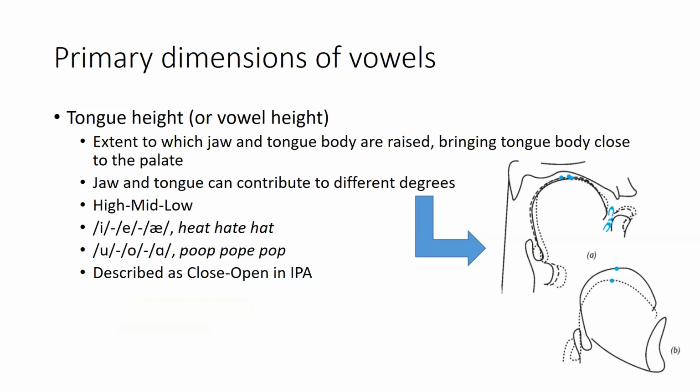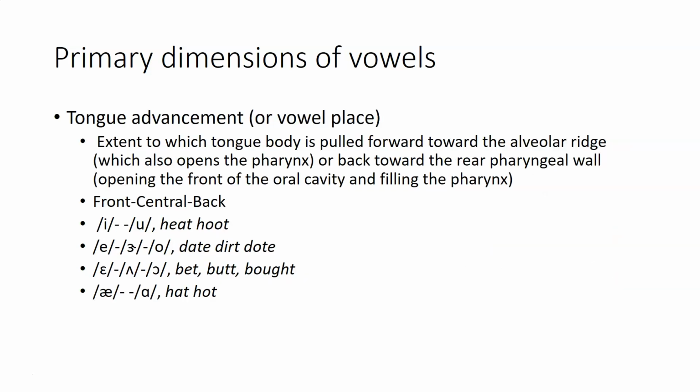This degree of height is described as close versus open in the IPA, so the tongue being close to the roof of the mouth, the jaw being relatively close to the upper teeth, versus the tongue being low and the jaw being opened.